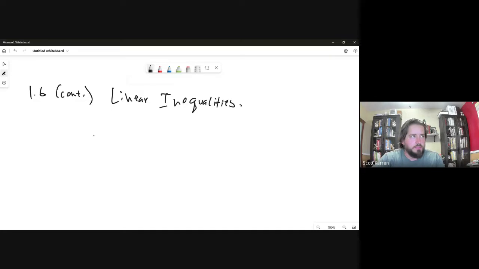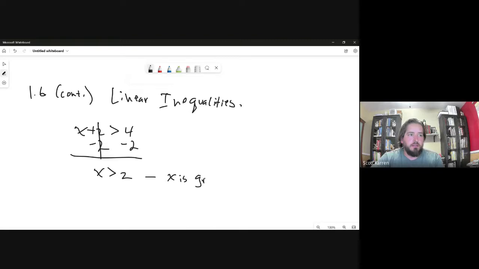So if I had something like, say, x plus 2 is greater than 4, I can use the addition principle, in this case by subtracting 2 from both sides. And this is given to me for free, right? I've solved it. X is greater than 2, right? Which is how you would read this.